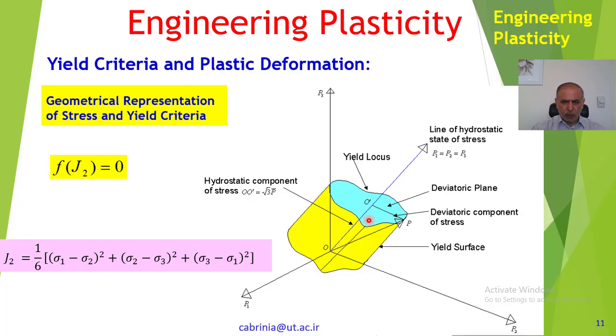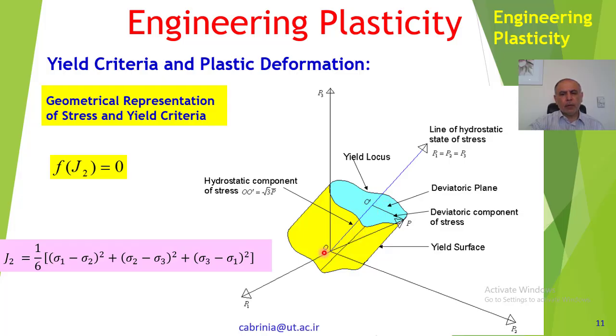If we move down here, for instance, and have another vector like that, with OP equal to that, and connect it to there, then we will be on the yield surface and the material yields. So it's shown here that the hydrostatic component does not have any effect on the yield function.